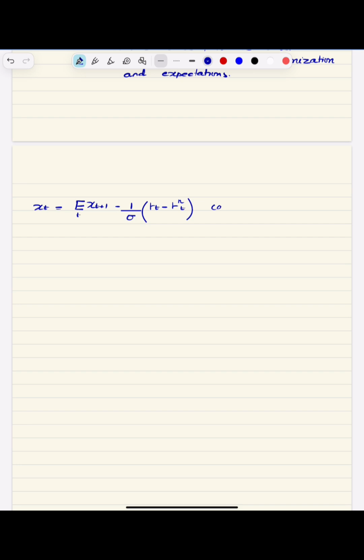This is just known as the canonical IS curve in the NK DSGE model. Remember y bar, which is the natural rate of output, is explicit, and Rn is just the natural rate of interest.